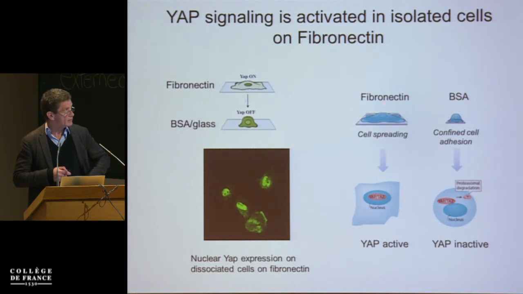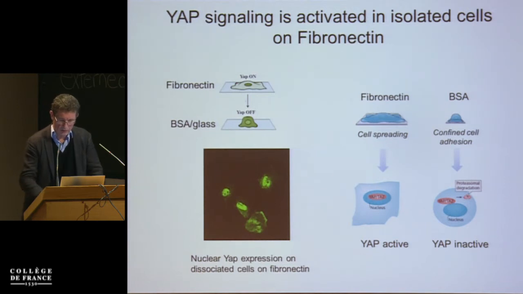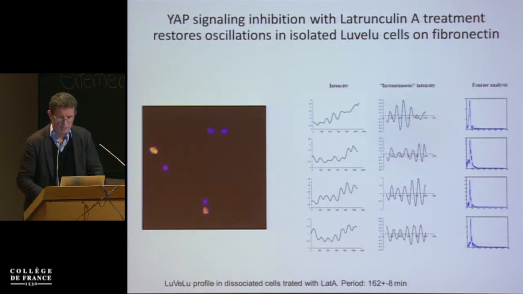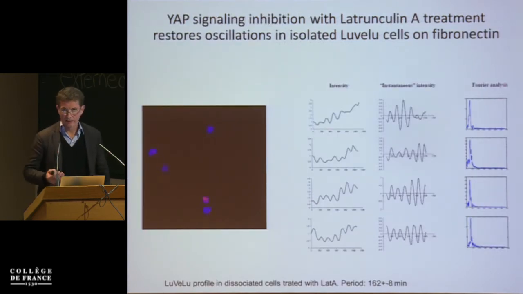In cells cultured on fibronectin, YAP is known to be nuclear. And when you looked at that, indeed, in the isolated cells on fibronectin it is nuclear, whereas on BSA, YAP is not enriched in the nucleus as on fibronectin. I'm not showing you all this data because this was recently published, but that was suggesting that YAP signaling could be an important switch in the control of the oscillator.